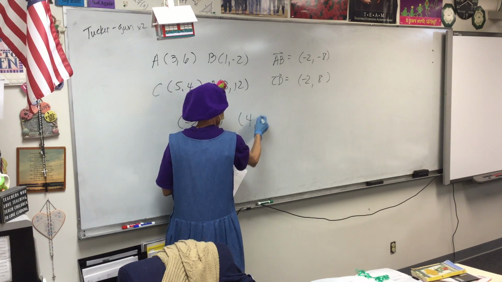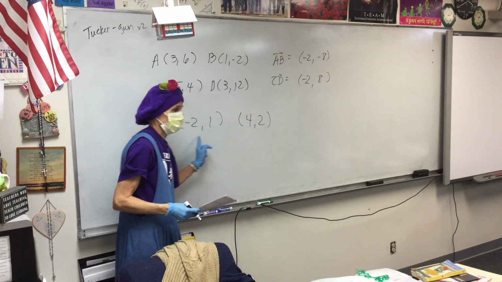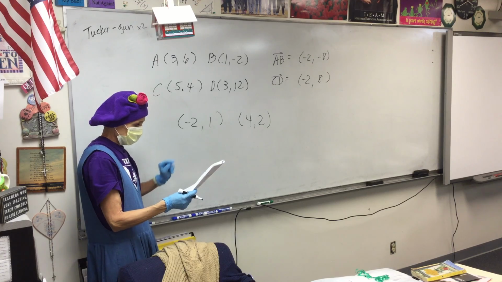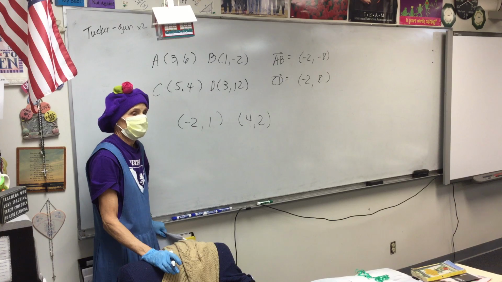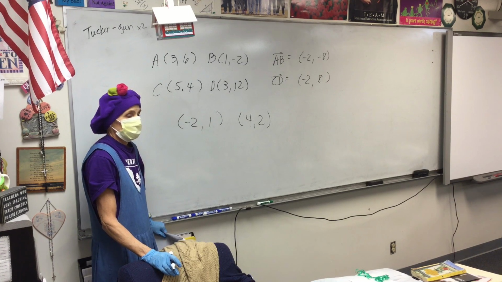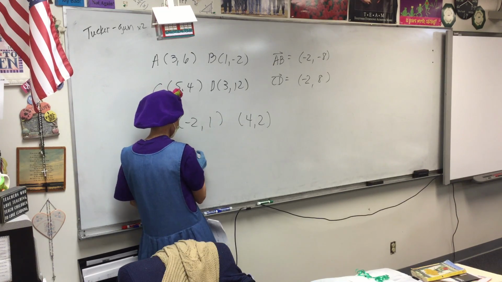Okay, now I have these two vectors. And this is number 11. And the question is, are they parallel, perpendicular, or neither? Okay, so we can do the dot product. So what's the dot product?